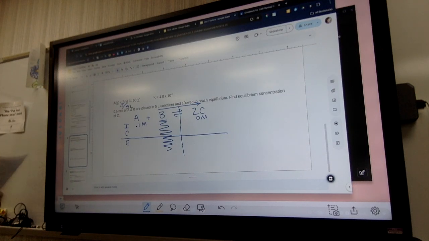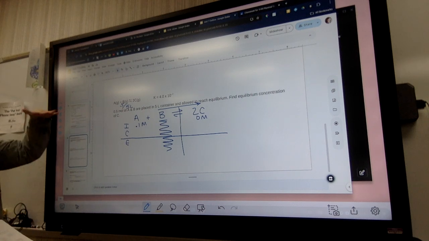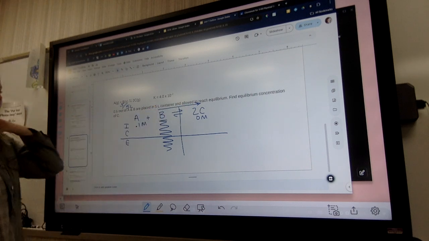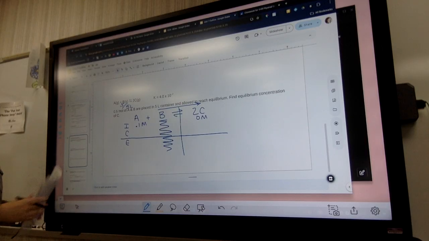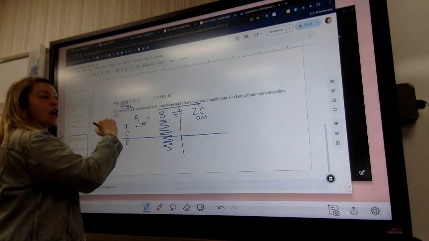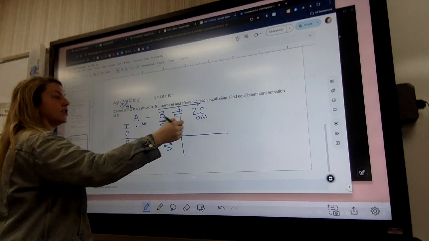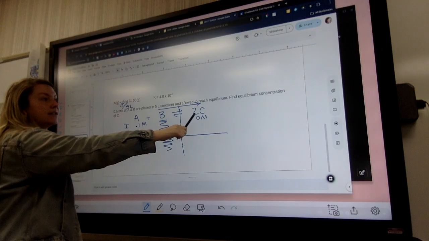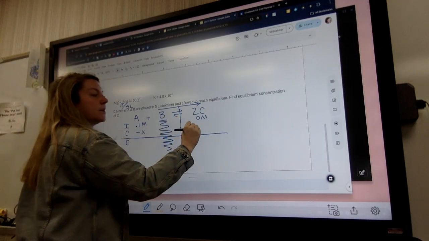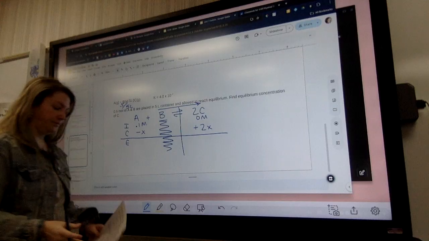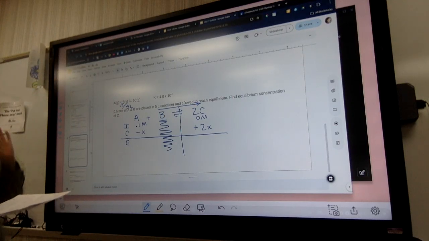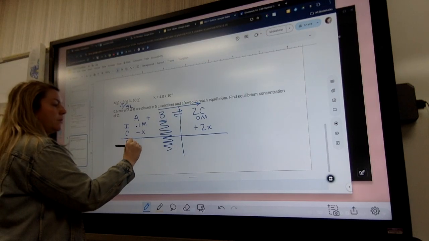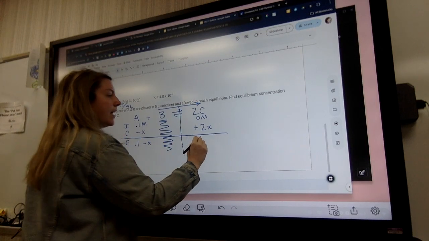Again, we don't care about B. Because we're shifting forward, I'm subtracting from the reactants and adding to the product. So I subtract 1x from the reactant, and for the product, because of the coefficient, it's going to be plus 2x. So I'm going to have 0.1 minus x and then 2x.